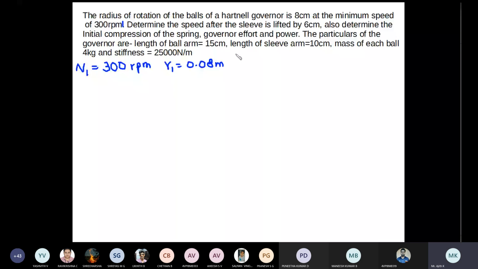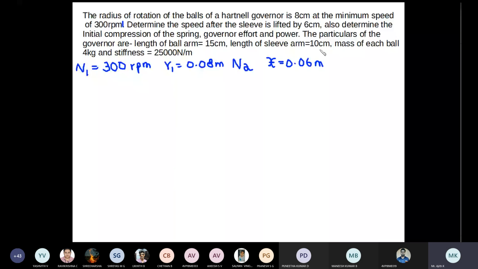So determine the speed means you have to find the N2 value after the sleeve is lifted. The sleeve lift is given by small letter x, that is 6 centimeter or 0.06 meter.